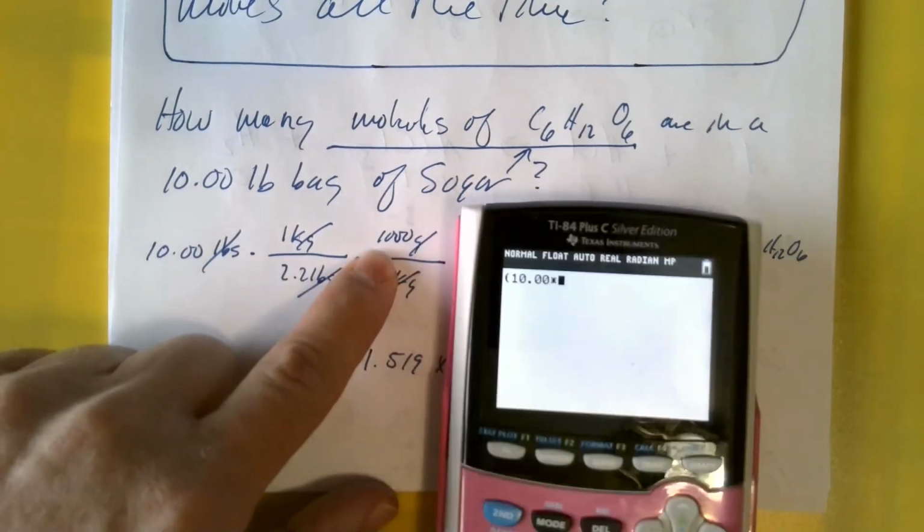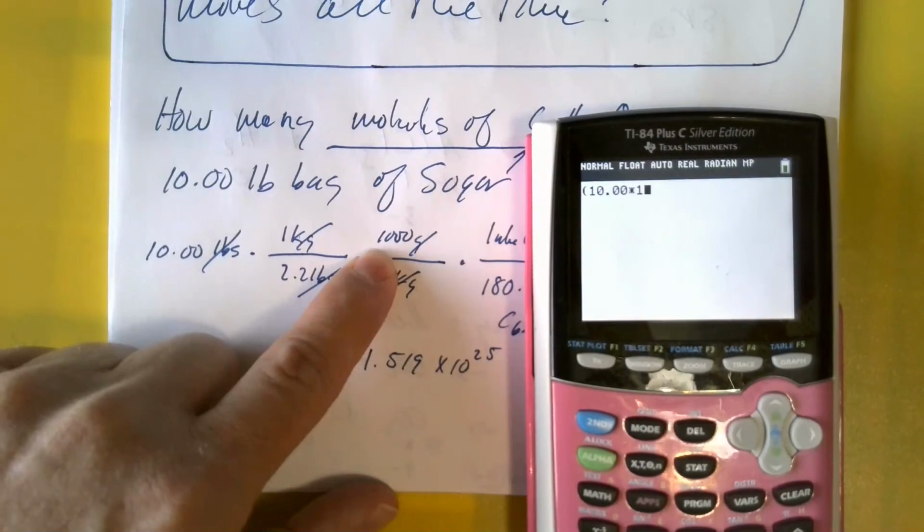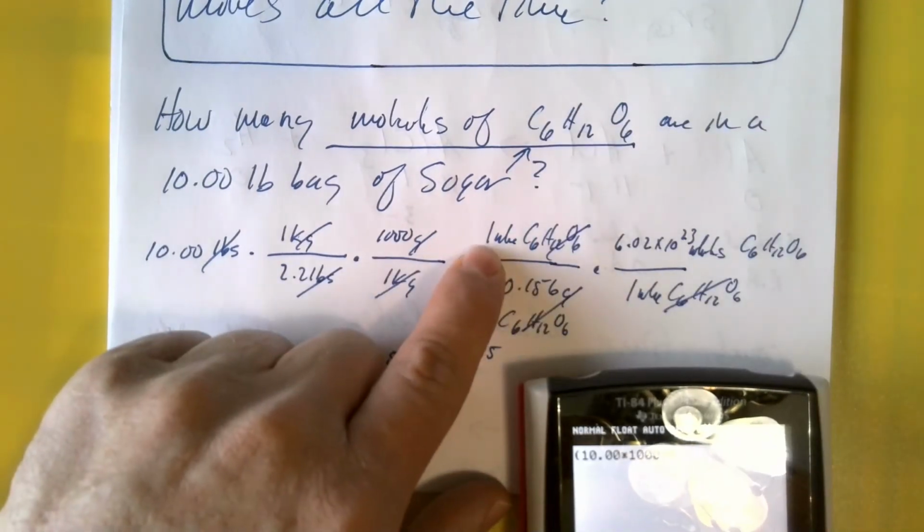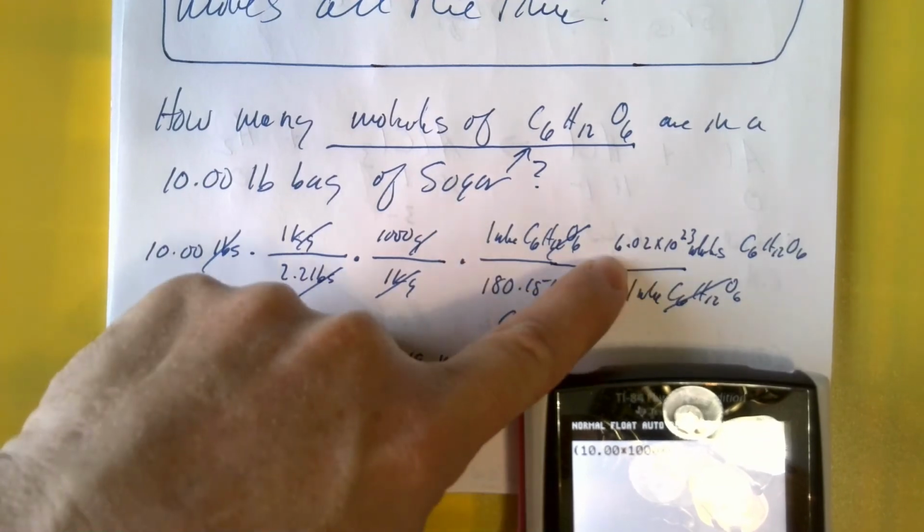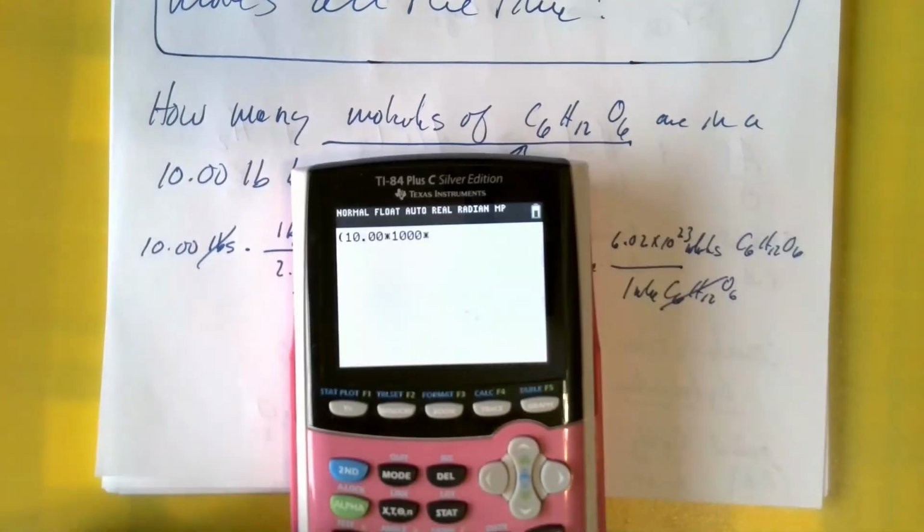But I do need that one. I'm going to times that by 1,000, right? Times that by, do I need that one? I don't, but I do need that one, right? So I'm going to go 6.02. How do I type this in? I know I showed you. Second comma, 23, right? And then I close my parentheses.